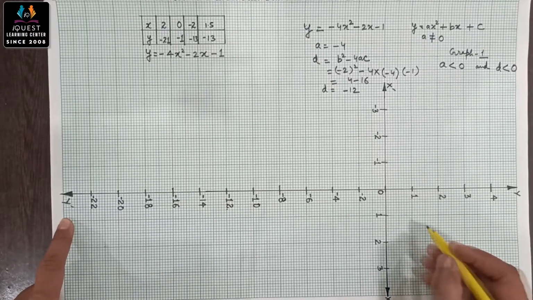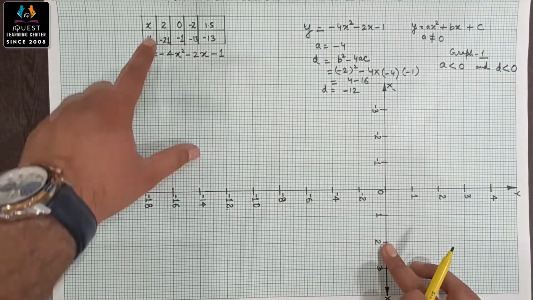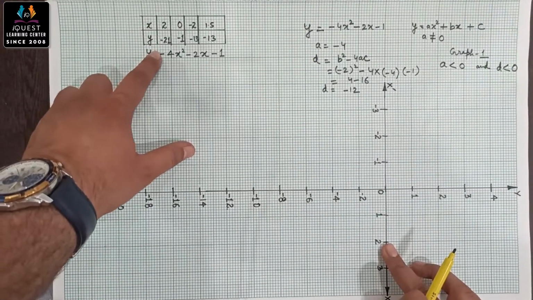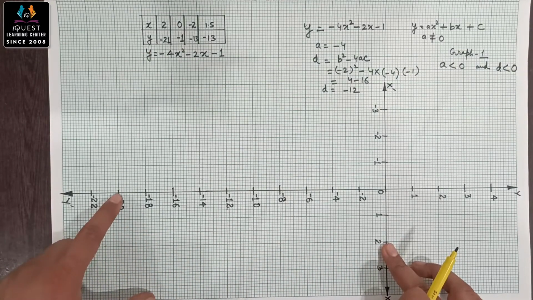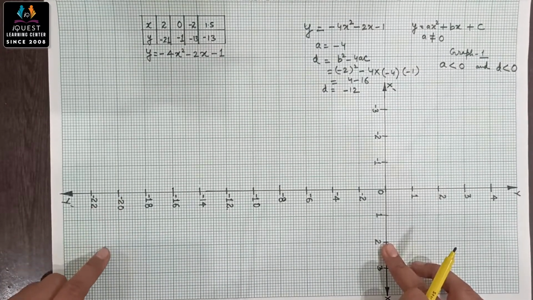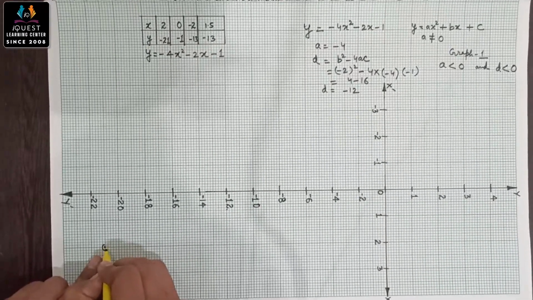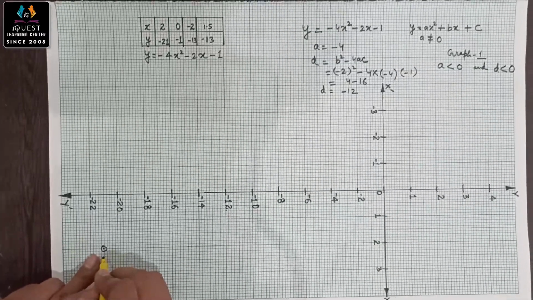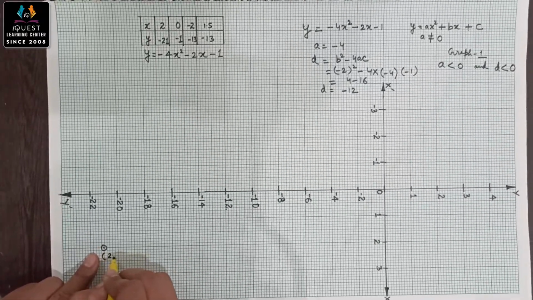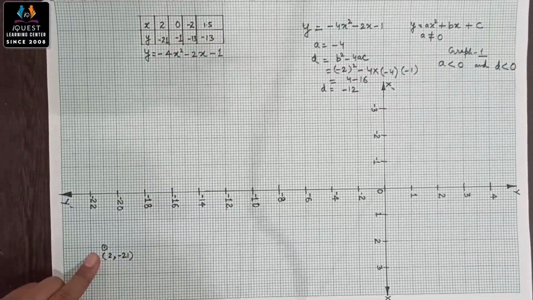X is equal to 2 and y is equal to minus 21. Approximately here I have to plot a dot where x is equal to 2 and y is equal to minus 21.